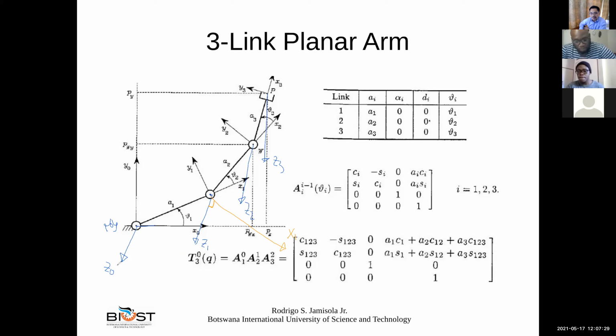But is it intersecting both z1 and z0? It is intersecting z1, yes, because they have a common origin. But is it intersecting z0? No, it's not intersecting. So here, the line goes over here. That's x1.